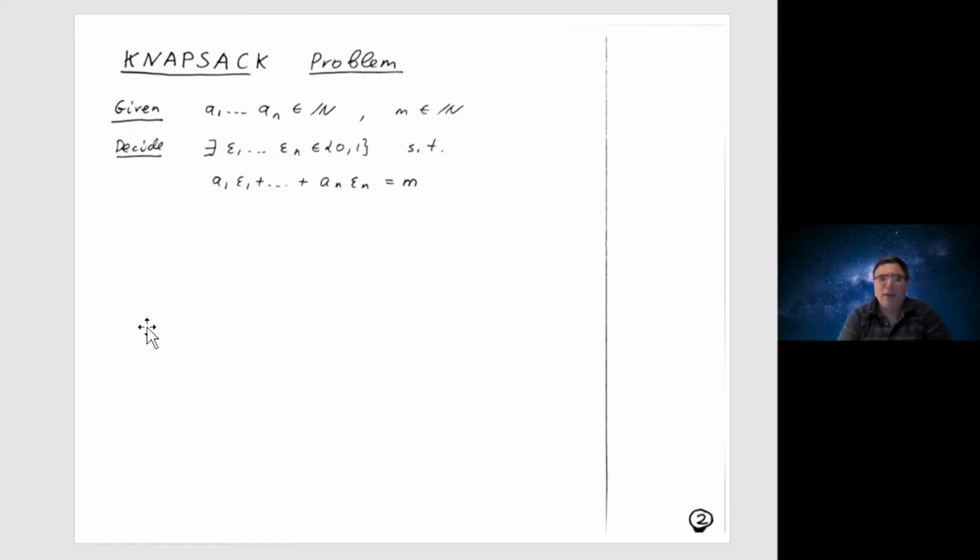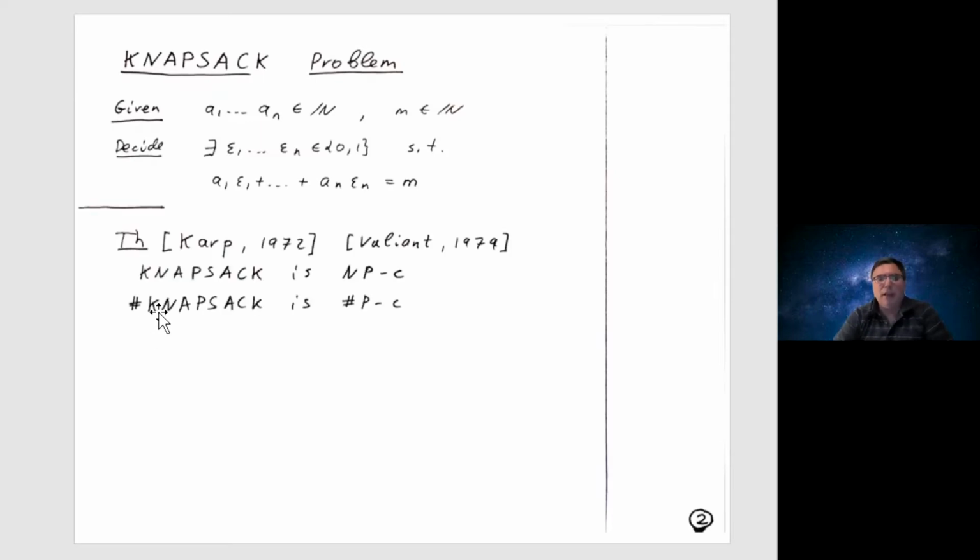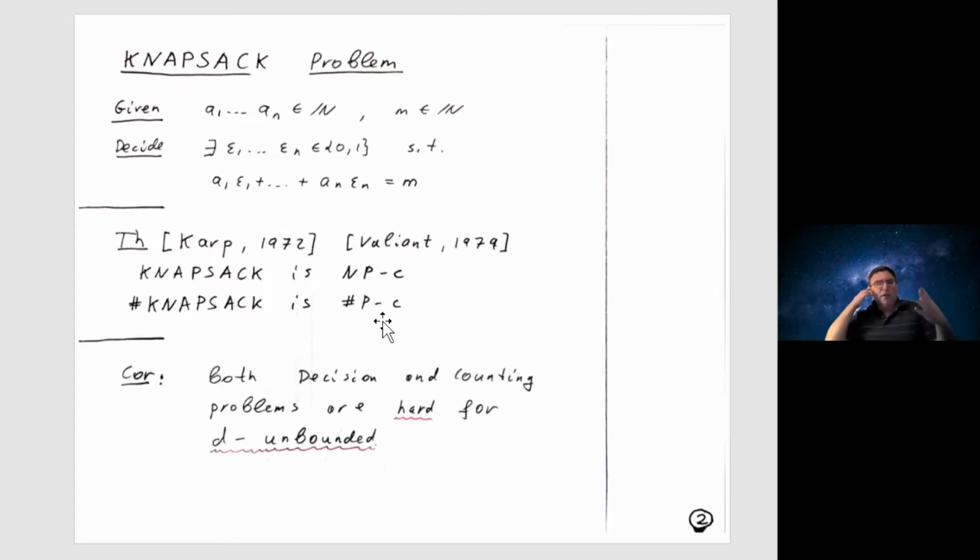So that's the knapsack problem, and as stated, you can immediately see that this problem asks about the number of integer points in a certain polytope, and classically knapsack is NP-complete, and the number of solutions to knapsack is #P-complete. And as a corollary, we conclude that when the dimension is unbounded, both the decision and counting problems are very hard. So from this point on, we're going to be working with bounded dimension.